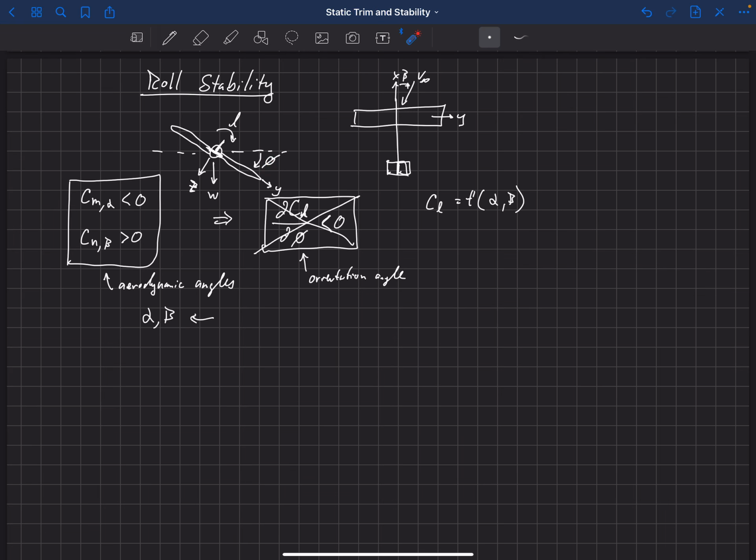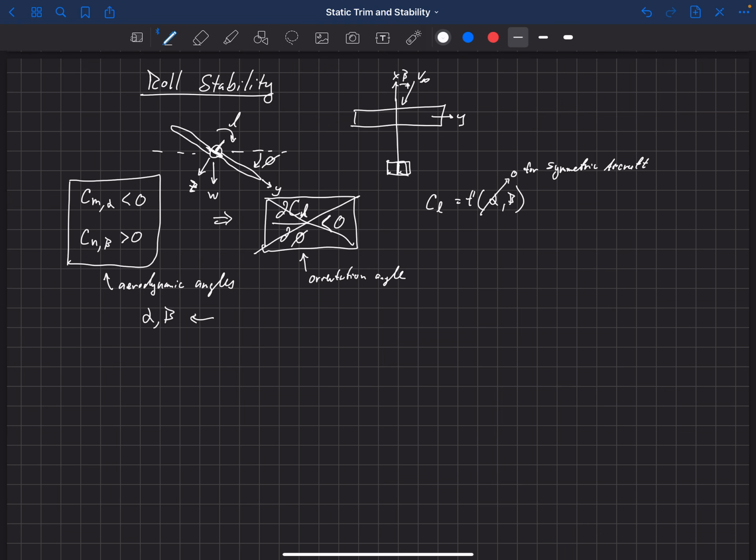Now, for a symmetric aircraft, the rolling moment is not a function of alpha, so this equals 0. This is if it's symmetric about the XZ plane, so right to left.